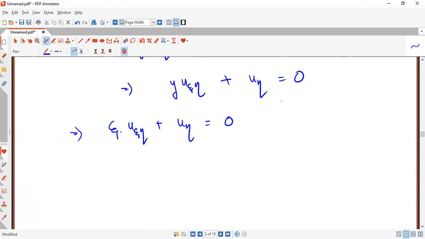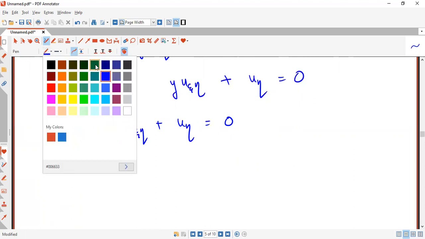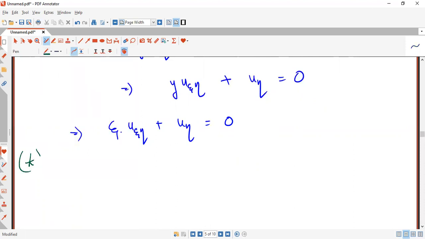What we are going to do is, let's just put this u eta as some v. This is the important part. Put u eta as some v. Xi times u xi eta was there, right? And this u eta is v.